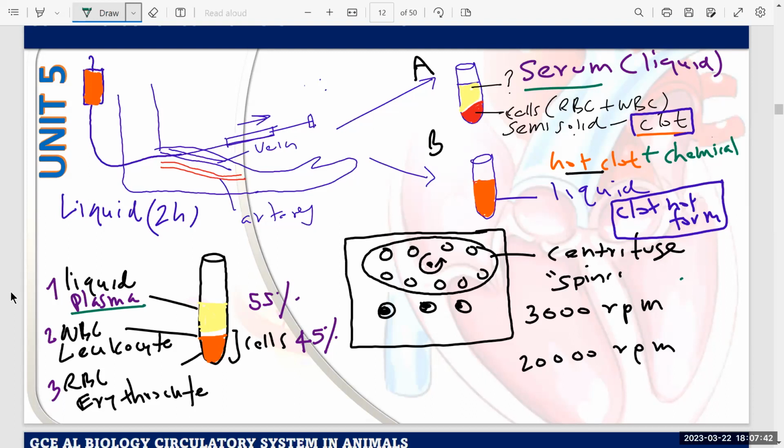Serum contains fewer proteins because they are used to clot the blood. But plasma has these proteins. That's why serum and plasma are two different things. Plasma has clotting proteins. Serum has no clotting proteins, because they are used. Naturally, when blood clots, these clotting proteins are used. Then serum has no clotting protein, plasma has clotting protein.